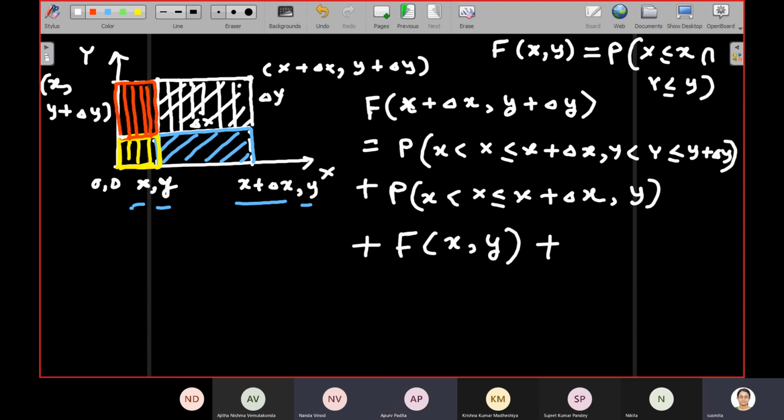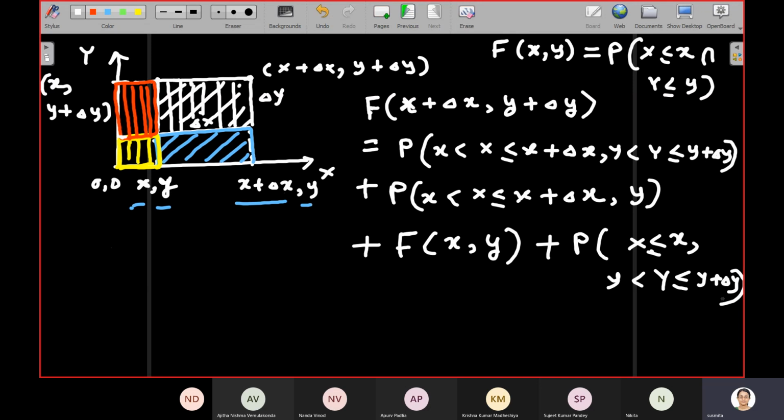P of 0 less than x and y plus delta y. Right.